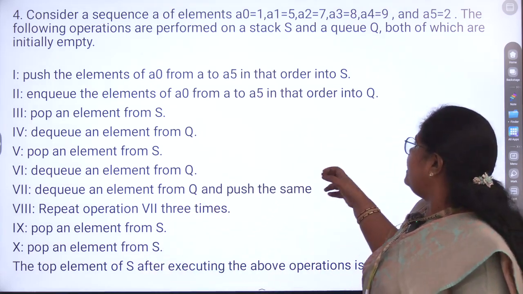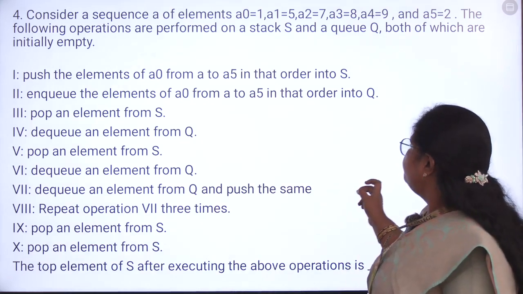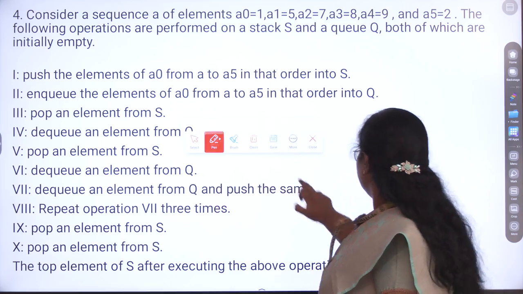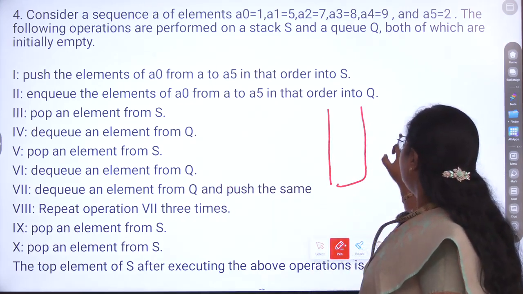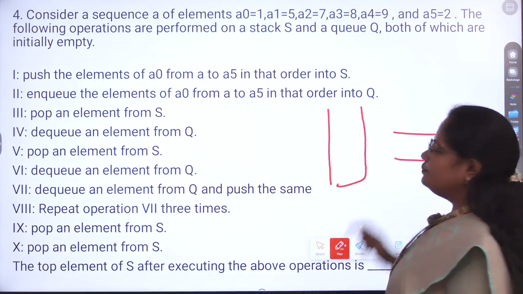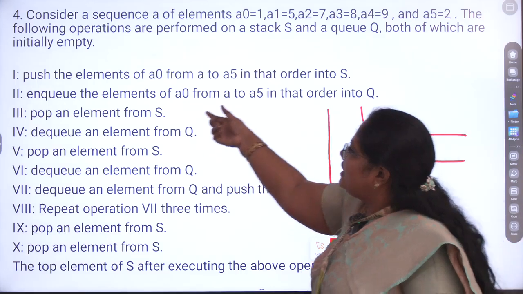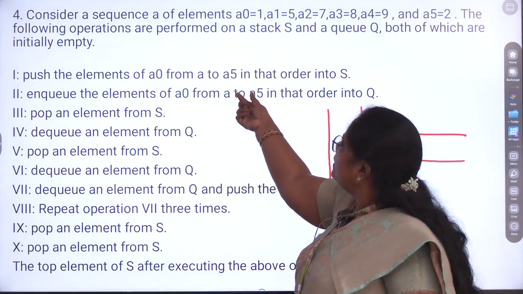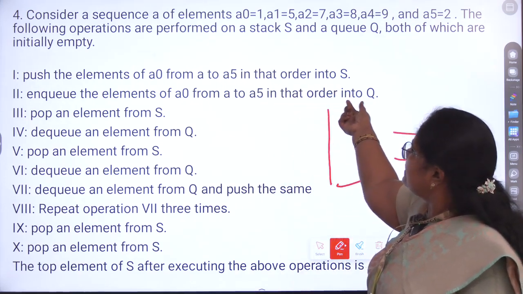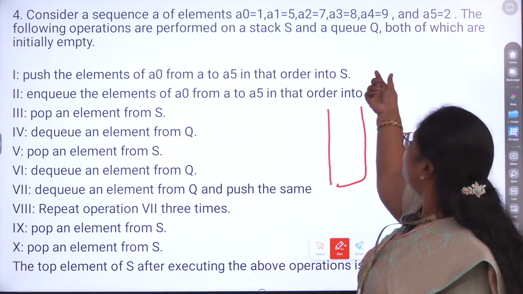Initially we have one stack and we have one queue, right? The first operation is push the elements of A0 to A5 into the stack in that order: A0, A1, A2, A3, A4, A5.